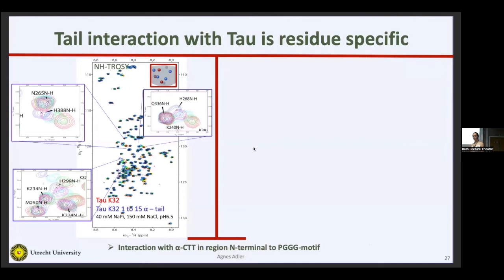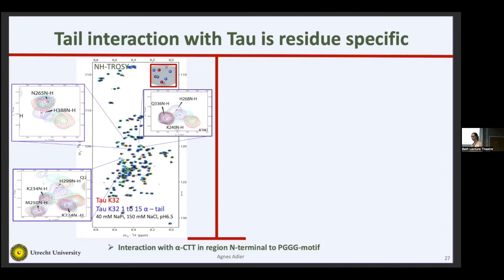As for MAP7, we furthermore also studied the tail interaction, and we titrated our C-terminal tail peptides to tau and observed what is happening. Basically we see in all 4 repeat regions specific shifts around histidines prior to the so-called PGGG motif.